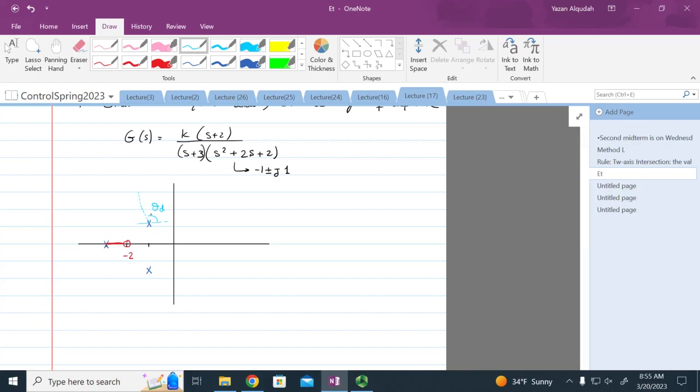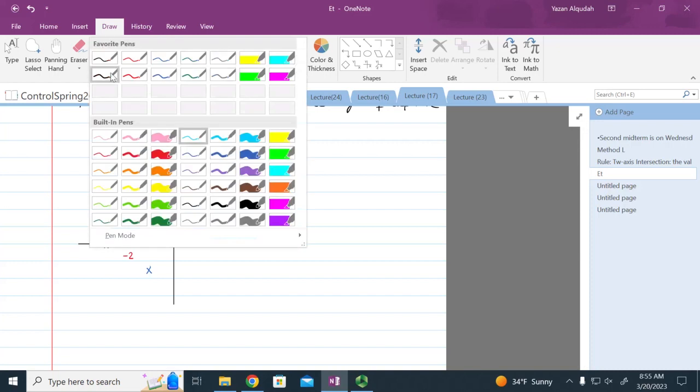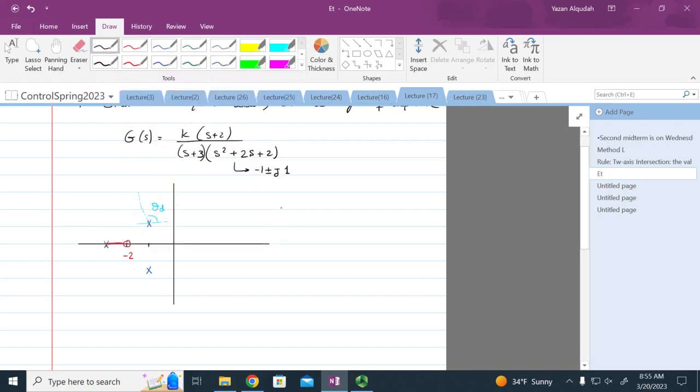Okay. So theta departure is going to equal the summation of psi from zeros minus the summation of phi from poles minus 2k plus 1 multiplied by 180 degrees. And therefore, I'm going to come to this graph. I'm going to label all the angles that we have here.